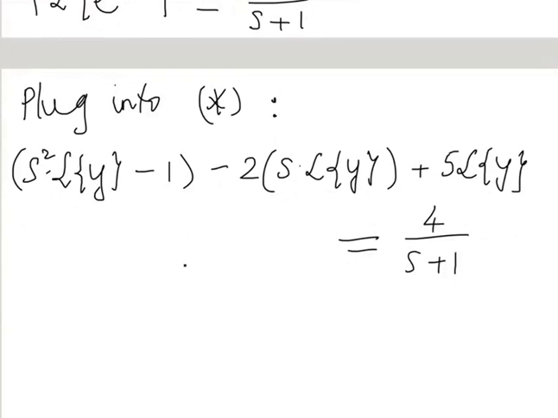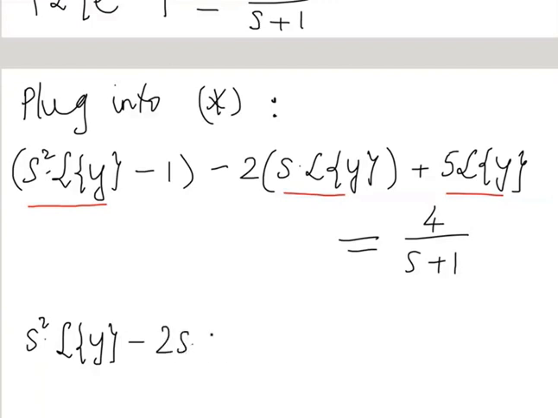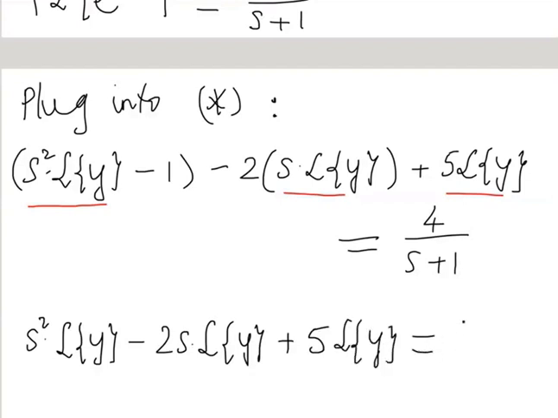Distribute in and keep all the terms with the Laplace transform on one side. Then we have s squared times the Laplace transform of y, minus 2s times the Laplace transform of y, plus 5 times the Laplace transform of y, equal to 4 over s plus 1.